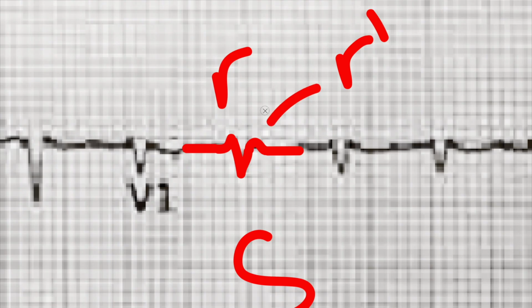So yes, indeed, I would say that we are looking at R prime. Now, that is a telltale sign of atrial activity. So this would be latent atrial depolarization, which immediately would allow us to label this as AVNRT.